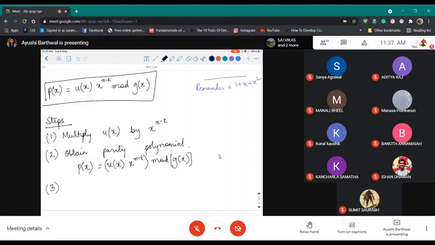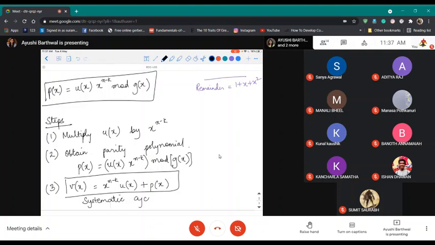Then the final code word can be written as x raised to the power n minus k times u(x) plus p(x). So this is how we can write a systematic cyclic code.